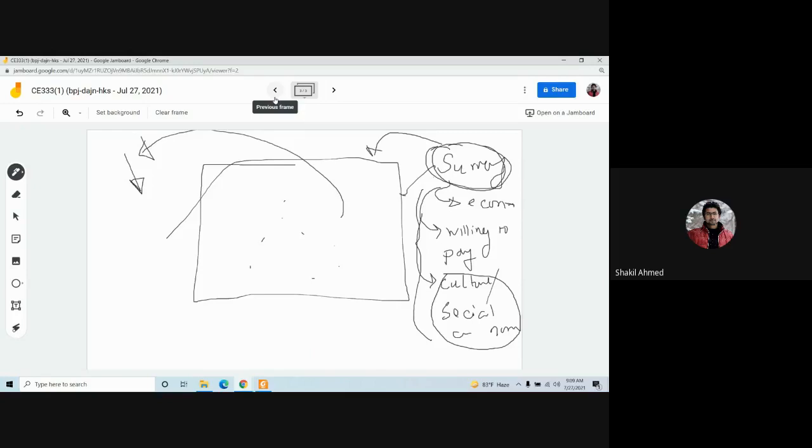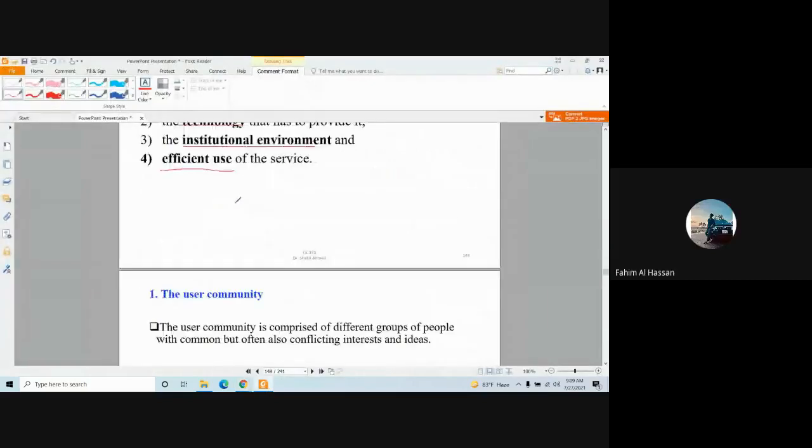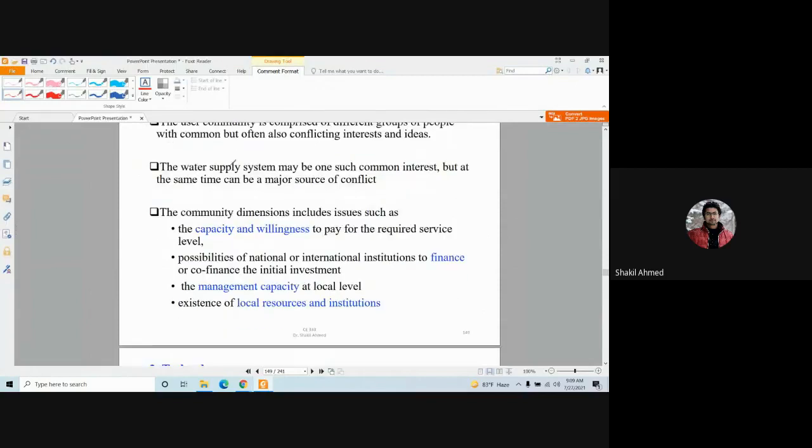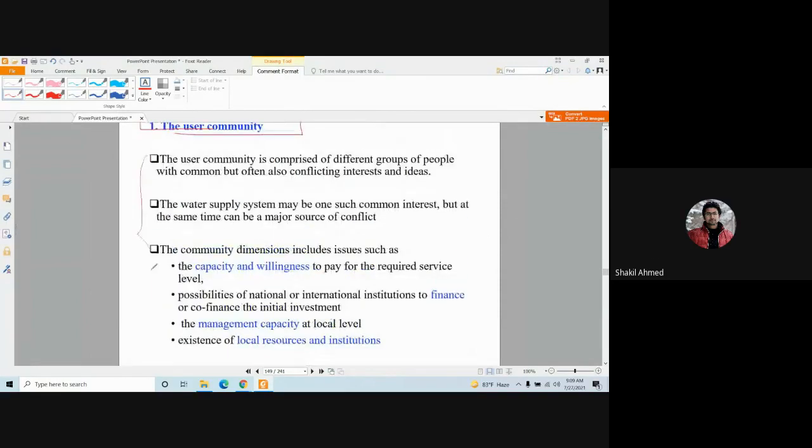As a result, what would happen? These people will be motivated to maintain the technology or service, finance the service for the long run, and as a result, your technology, your service will be sustainable. Did I make it clear? Yes, sir. So community participation is very important. Okay, you should go through this.